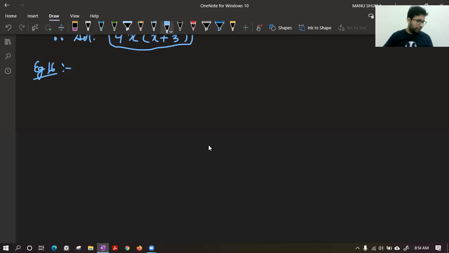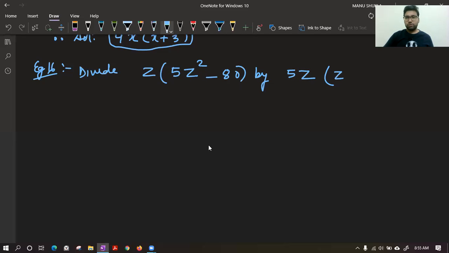The question is, divide 5z square minus 80 by 5z plus 4. Some people call z as zed, so no issue. If you want to call it zed, it is your choice.